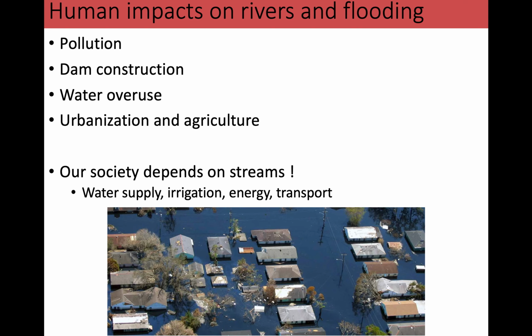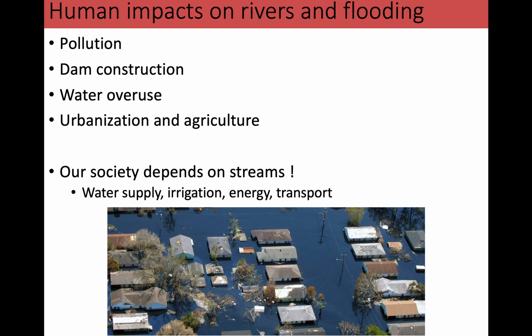So my last slide, some human impacts, so the ways that we are actually affecting rivers and flooding. A lot of it is just urbanization, so building towns, cities, streets and parking lots without thinking about where the water is going to go can be very, very dangerous, especially in regions that are not used to getting a lot of rainfall, and agriculture as well.